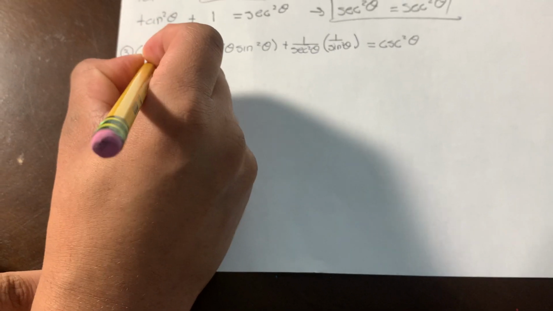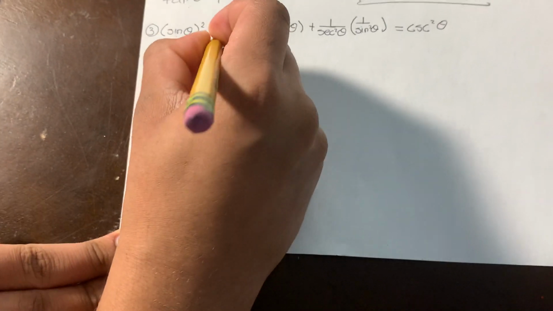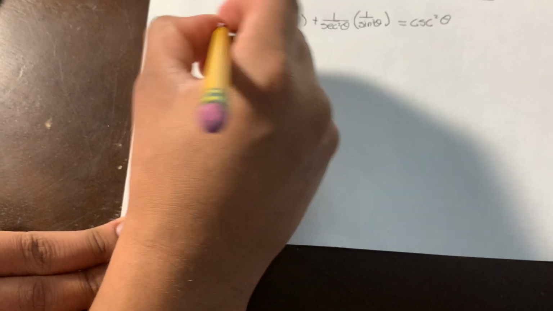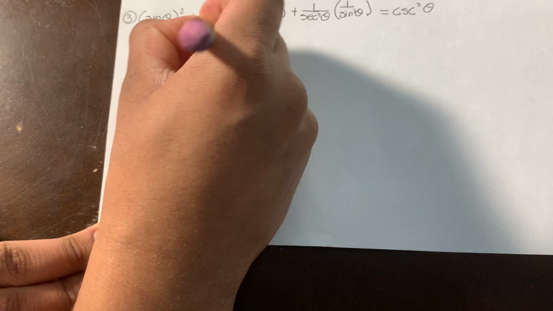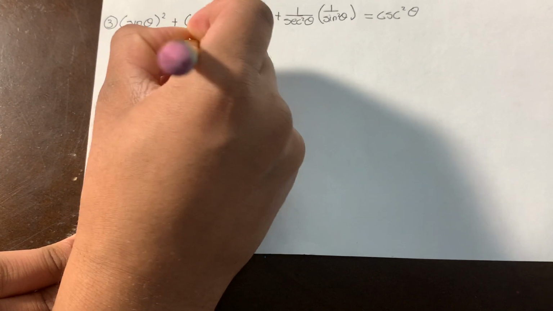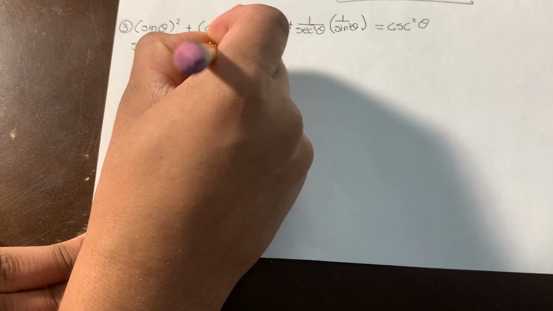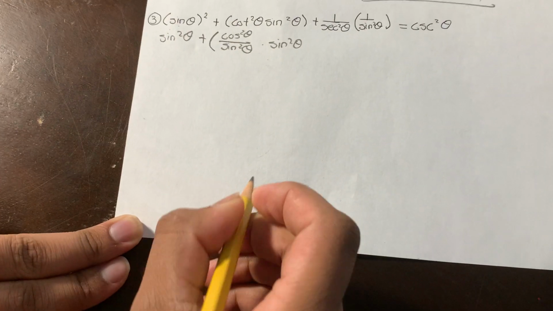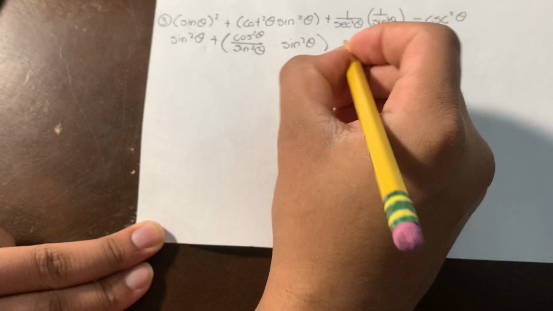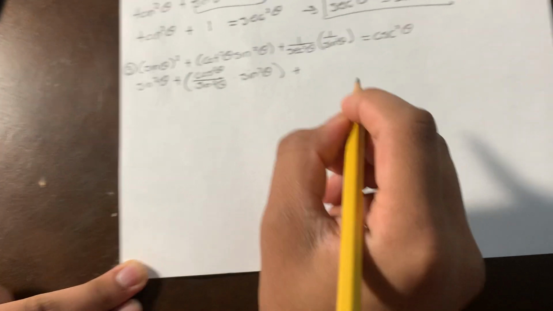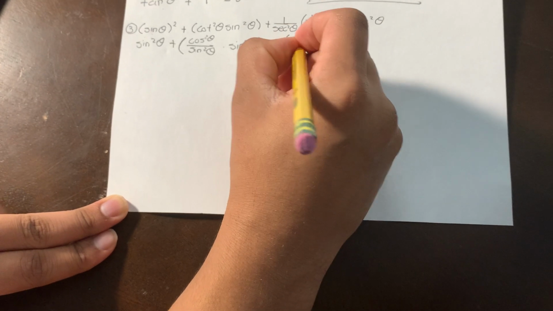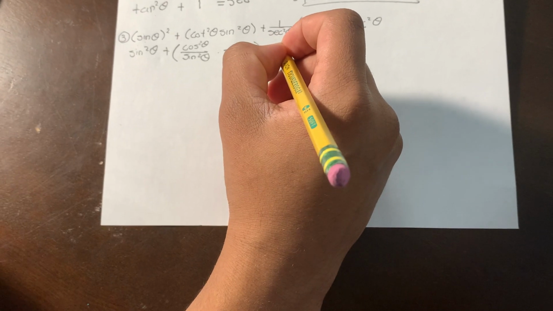We have sine squared theta plus, in parentheses, the next segment, cotangent squared theta, which is equal to cosine squared theta over sine squared theta, still multiplied by sine squared theta, plus our next segment, in parentheses, 1 over secant squared theta.